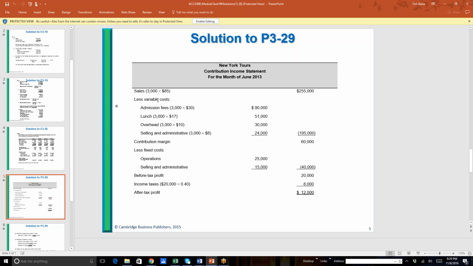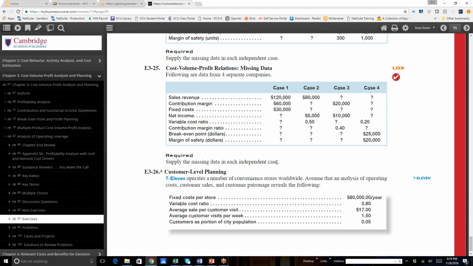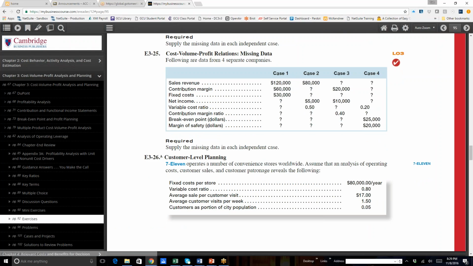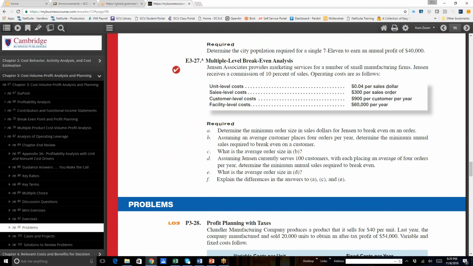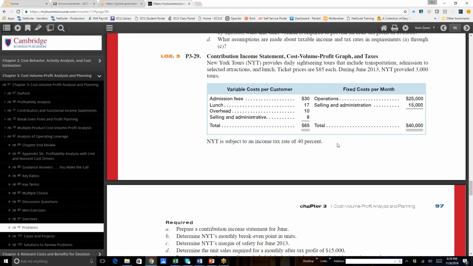Okay, so sales is the 3,000 times the $85. So where we got that, get down to the problem. Oh, there it is. So you have ticket prices are $85 a piece. Let me pull this over so you can see.